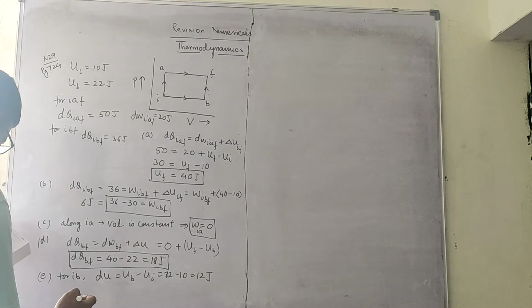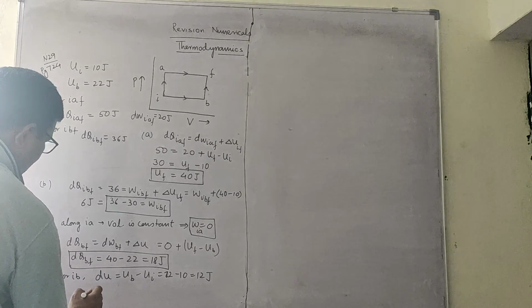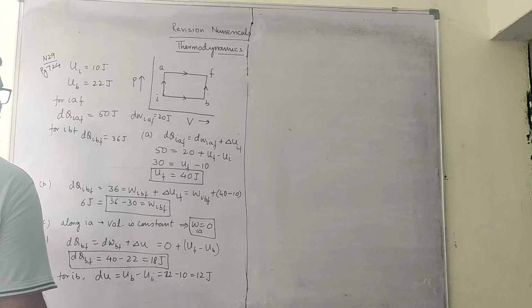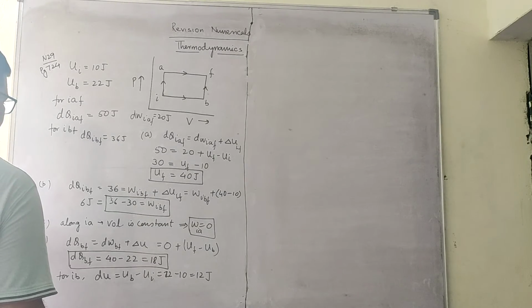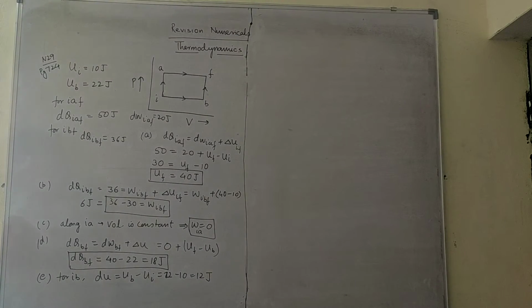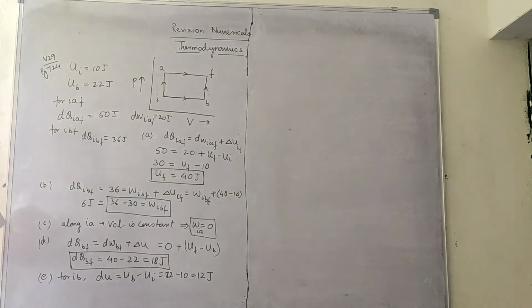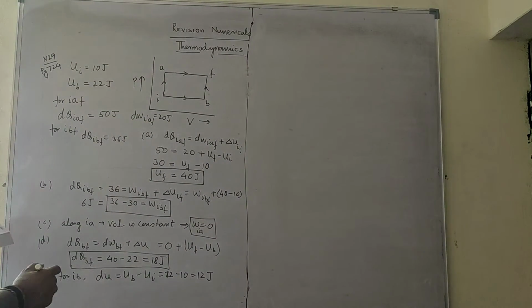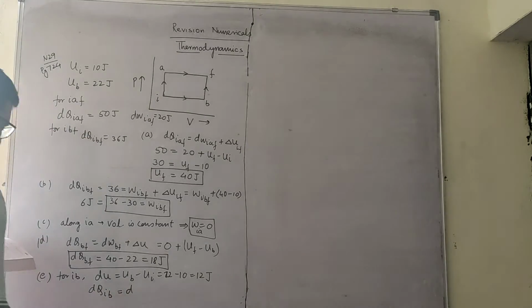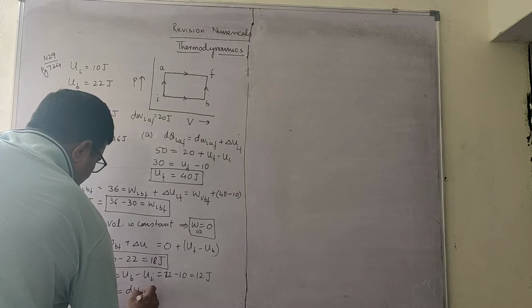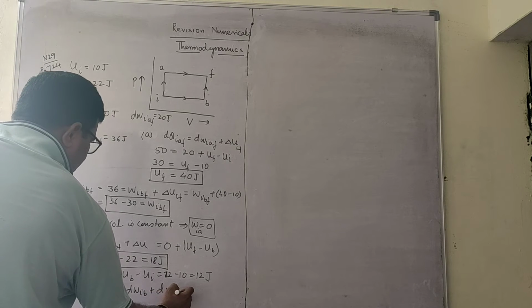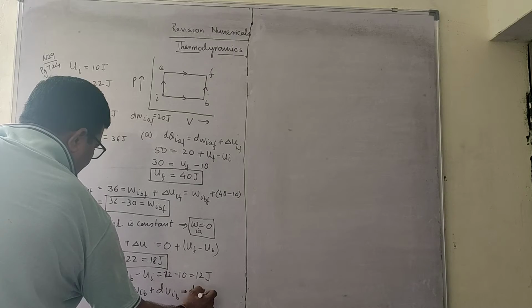Now you have to find dW along IB. dQ along IB is equal to dW along IB plus delta U along IB. dW along IB you need to find.